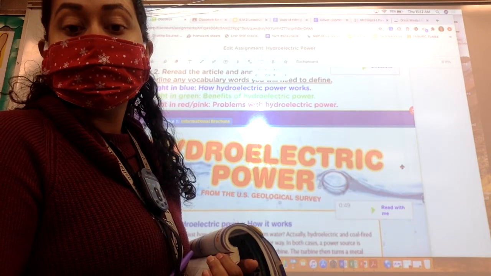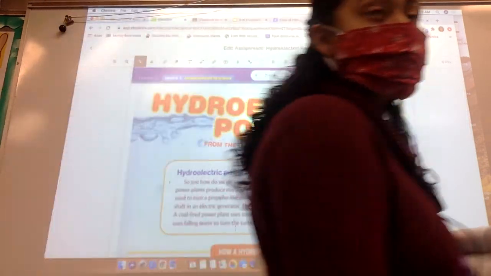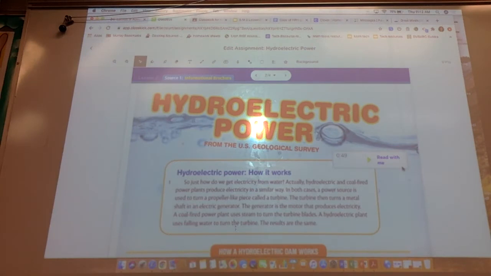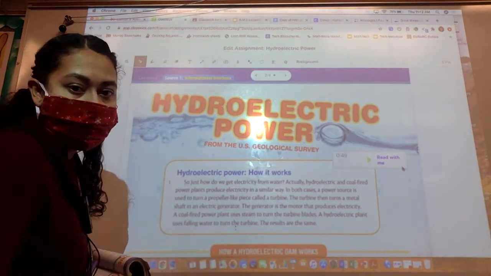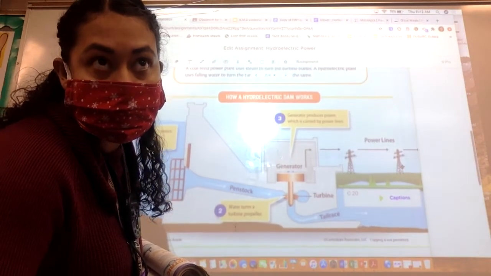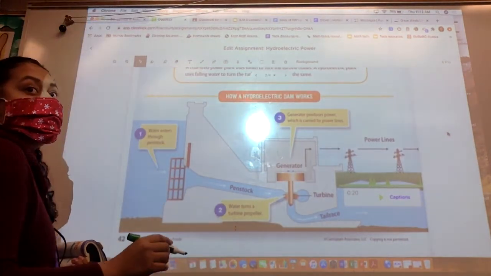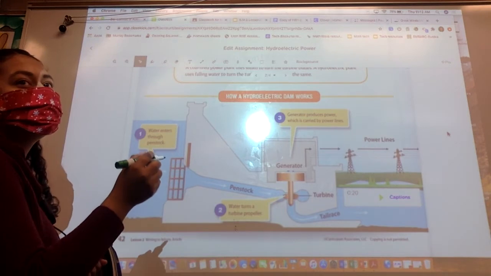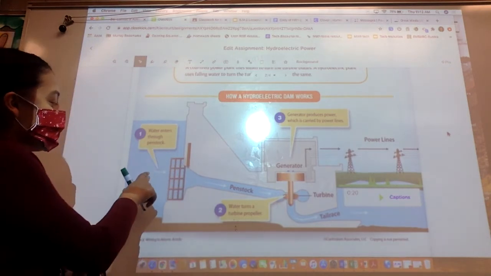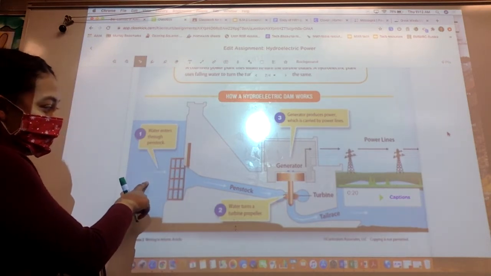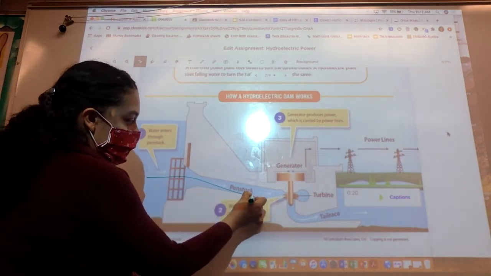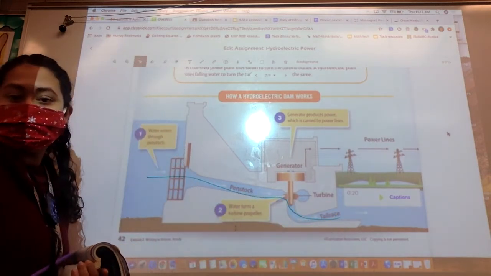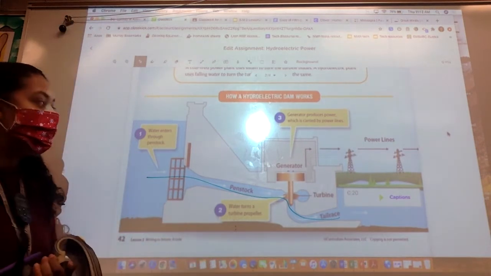The turbine and the tailrace and the generator. Okay. Alejandro's not here either. Okay. Thank you. Okay, so we know it works in this direction.